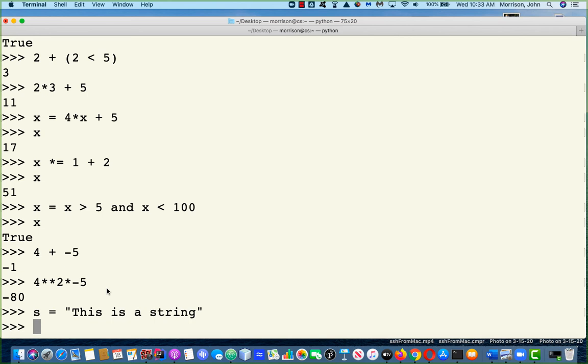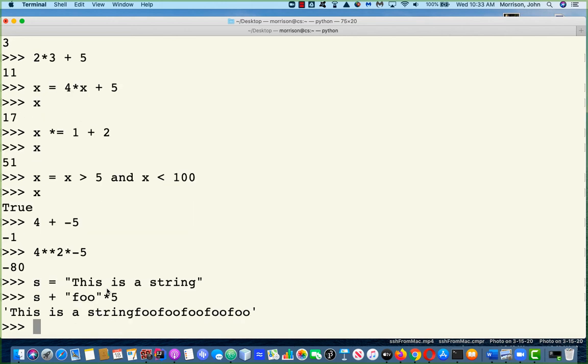Now, if I go something like this, s plus foo times 5, you can see the order of operations between the plus and the times are the same as the arithmetic order of operations. Now let's put a dot on here. Let's go s dot substring of 0 and 4, say, and then times 6.